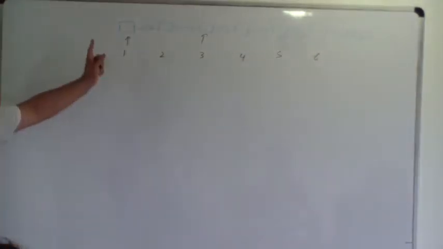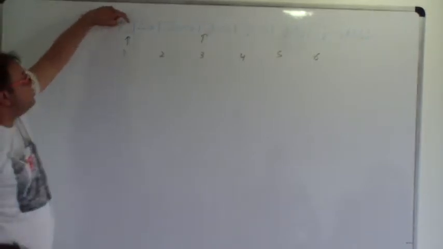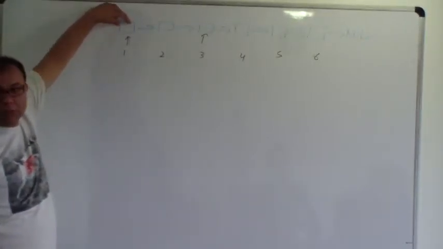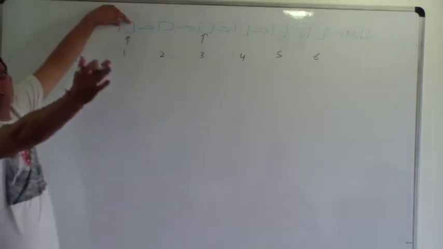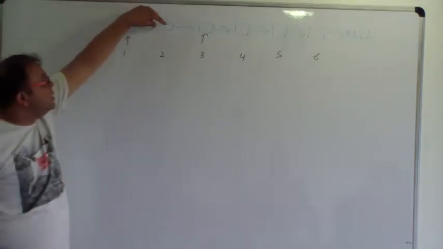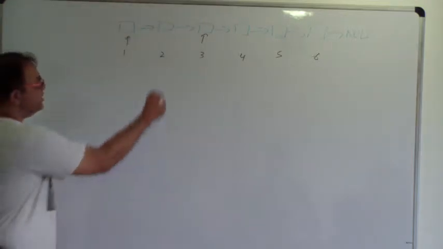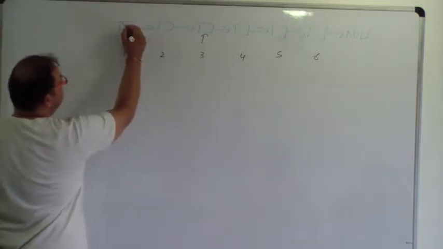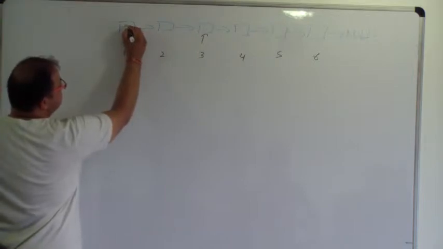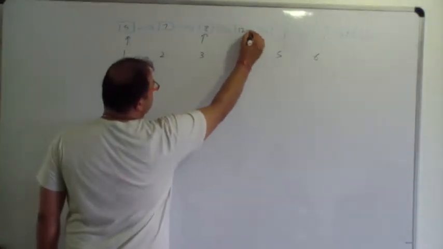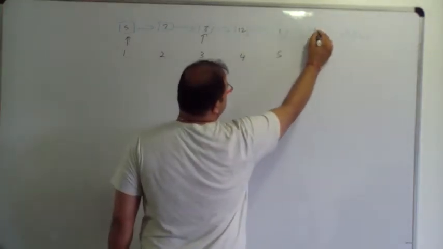What you have to do is take the odd positions and arrange them in ascending order, and the even positions you arrange in descending order. Let's take some numbers: 5, 7, 8, 12, 1, 4.